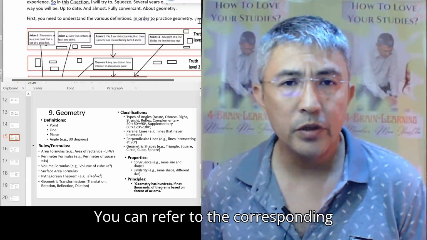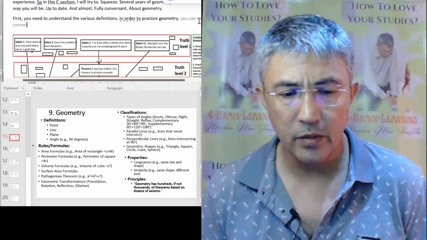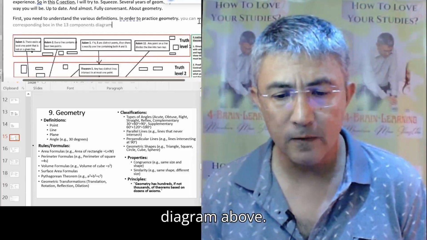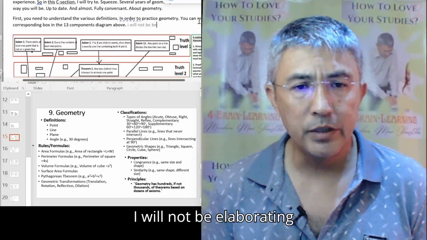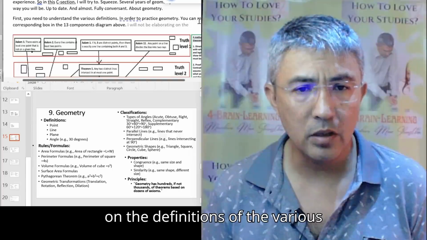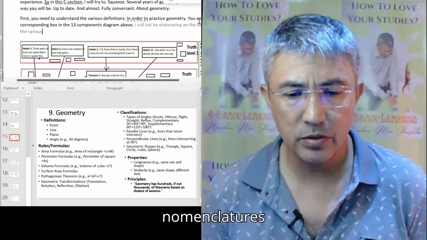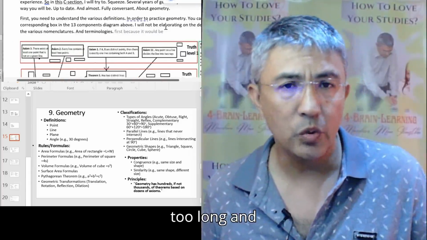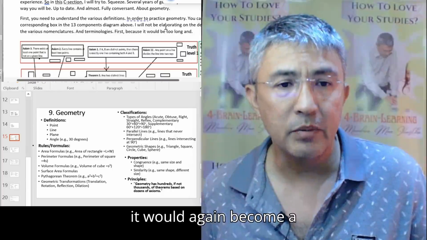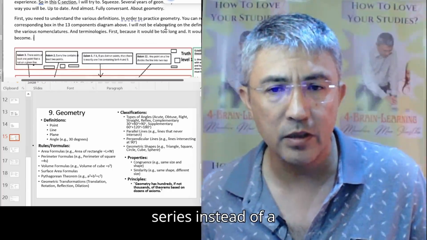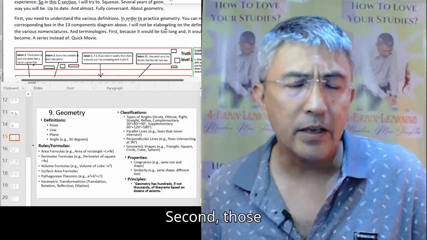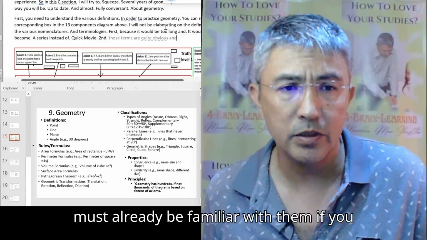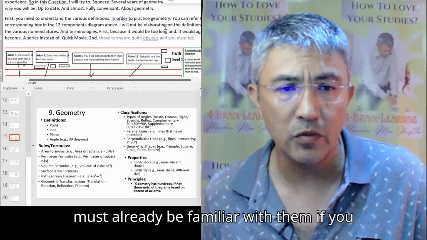You can refer to the corresponding box in the 13 components diagram above. I will not be elaborating on the definitions of the various nomenclatures and terminologies. First, because it would be too long and it would again become a series instead of a quick movie. Second, those terms are quite obvious and you must already be familiar with them if you are reading this far.